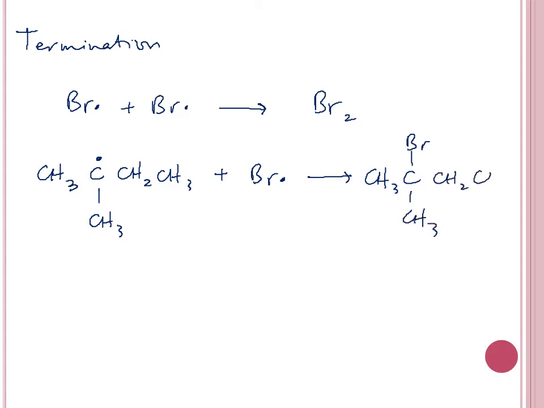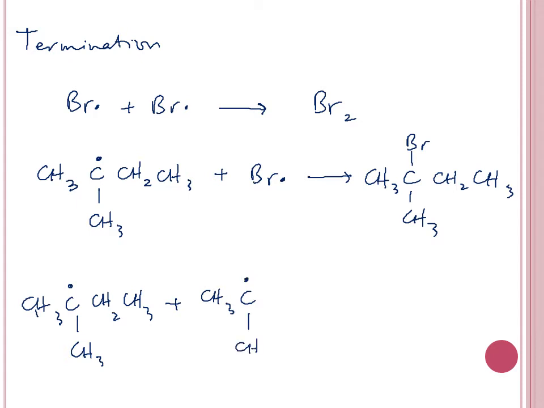Okay, and then the third reaction is going to produce a longer alkane. As you can see here, we are using two tertiary free radicals. Can you imagine what is going to happen here?